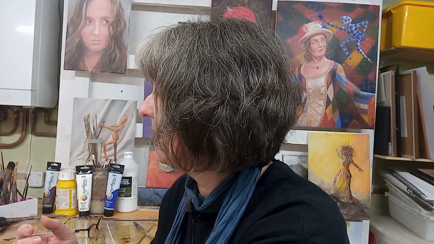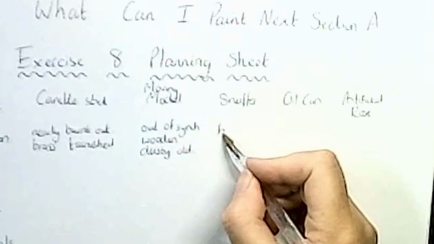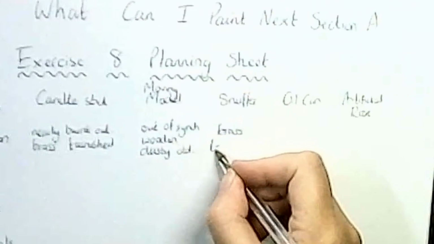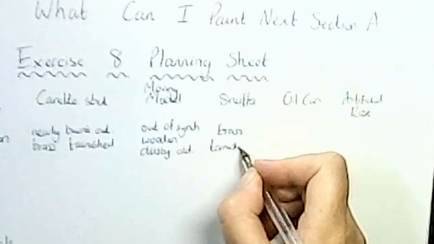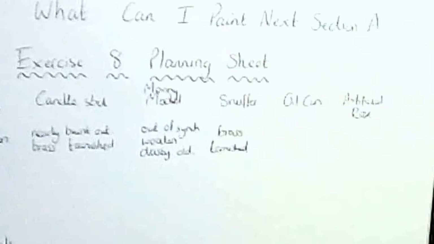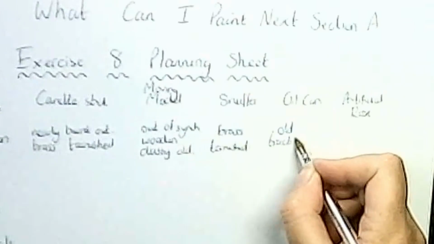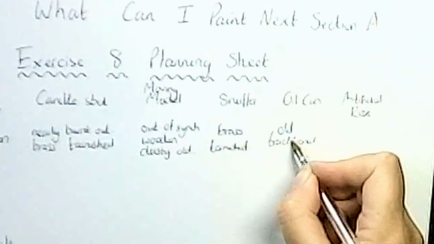The snuffer: brass. This is a difficult one to actually come up with adjectives for. I'm going to say tarnished again. All the brass bits are a little bit tarnished. The oil can: old, traditional, empty.